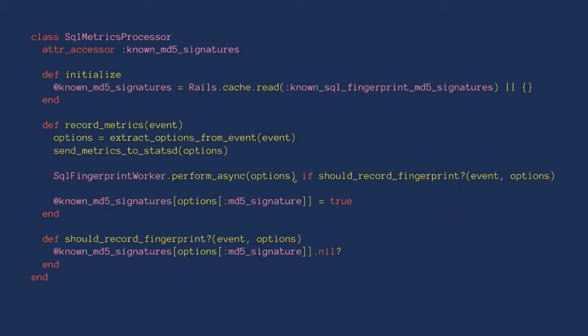The record metrics method extracts metrics data from an event and sends them to Graphite. And then it queues a Sidekiq job if it looks like this is a new query that we haven't seen before. This works well at high volume. Any expensive work gets queued, and we only queue when we see a new query.